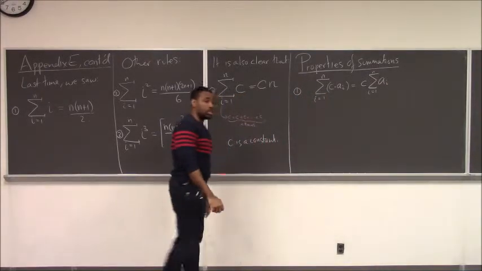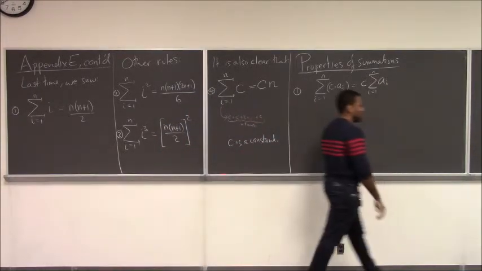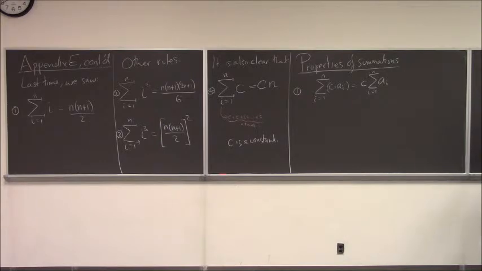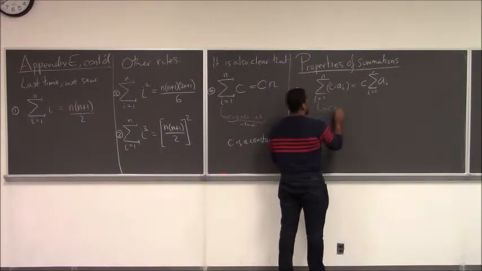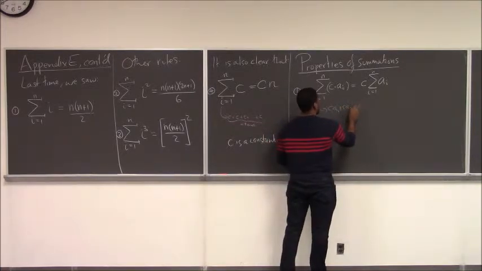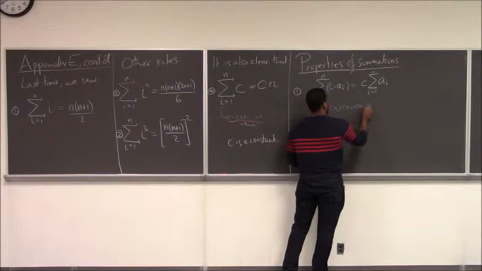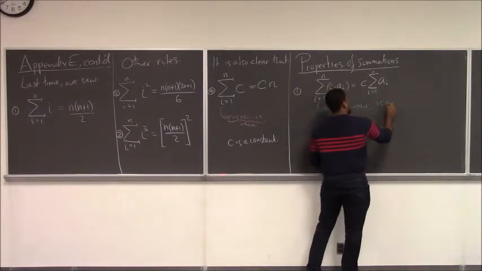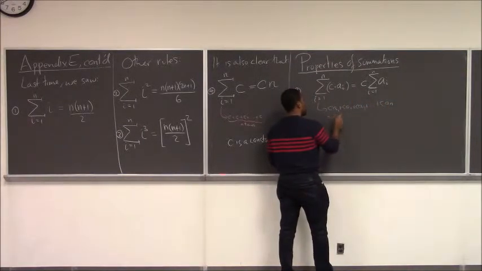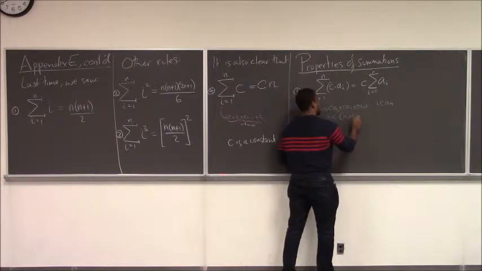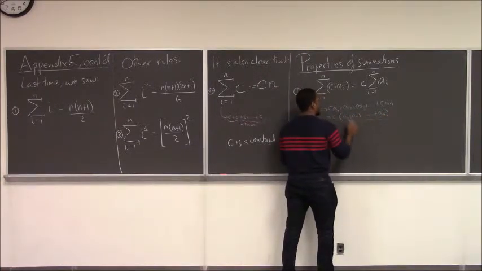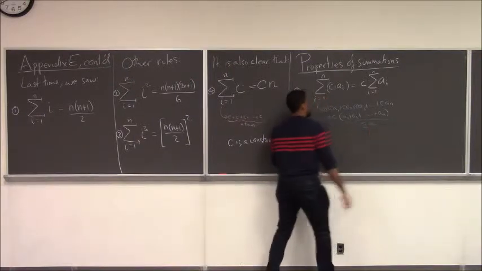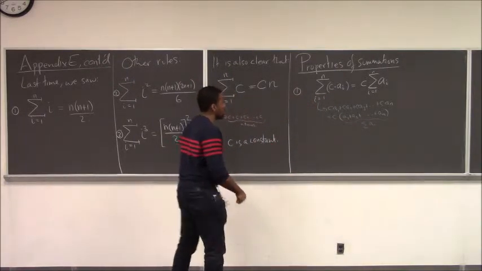You can factor the constants out. But why is that? This just means you're taking c times a1 plus c times a2 plus c times a3 plus da da da, c times an, common c, you can just factor it out, a1 plus a2 plus da da da, an, and then this guy is the summation of ai. And so you can always factor out a constant.